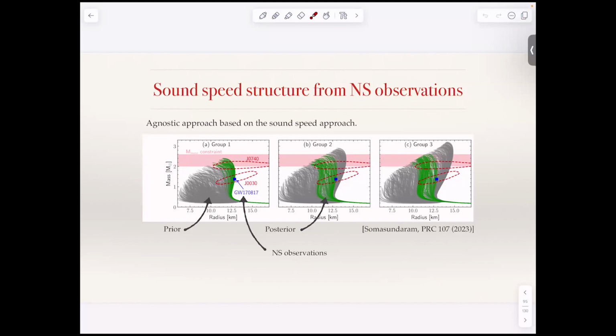We also know from gravitational wave observations, in particular from an event that occurred in 2017, the first detection of a merger of neutron stars, that the masses of the two initial neutron stars are very well known, and the sum of the masses is about 2.6 solar masses.